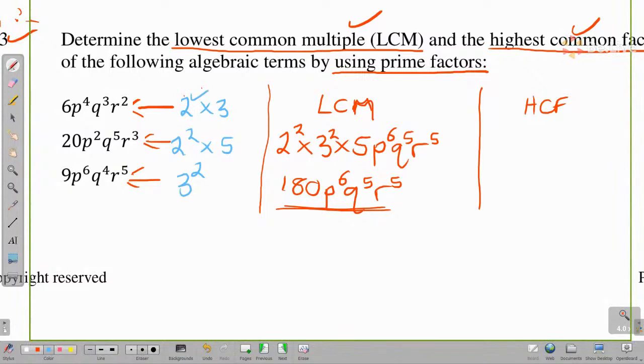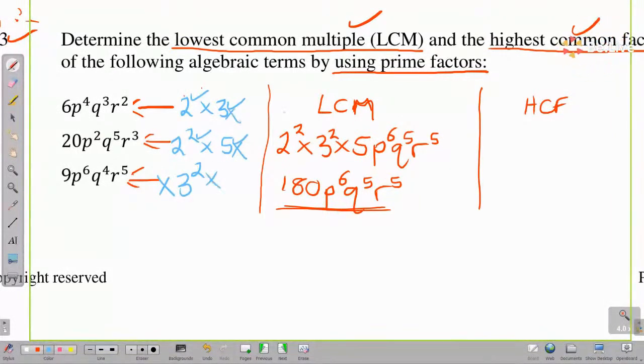For example, 2 is appearing in the first one, which is good. In the second one, yes, but in the third one there is no 2, so it's not a common factor. I tried 3. You have 3 in the first one, but it's not in the second one, which means automatically it's not common, because it must be a number that is common in 6, 20, and 9. I try 5. 5 appears once, not common there.